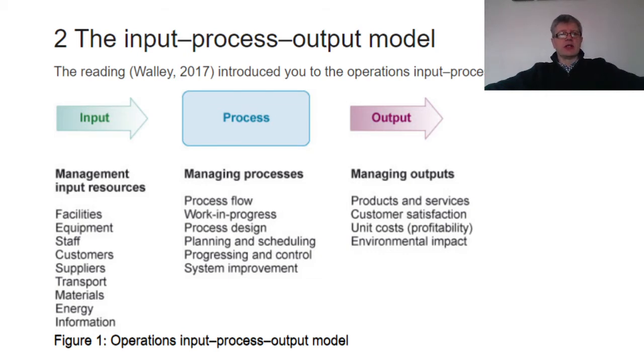So we can see across the top, we have the inputs, which then get processed, which then create outputs, and those outputs then obviously go off to whoever needs to see them. So if we think about, for example, human resources, and someone applies for a job, the input could be the application form for the job that's being advertised.